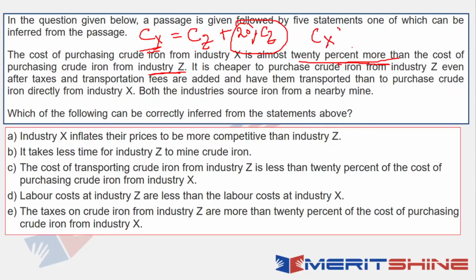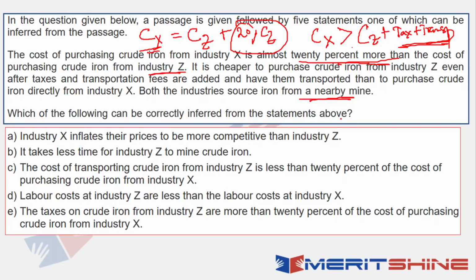That the cost of crude iron from X is more, even if I add taxes and transportation to the cost of crude iron from Z, right? Still it is more. Both the industries source iron from a nearby mine. Okay, so both are similar in terms of their cost. Which of the following can be correctly inferred from the sentence above?